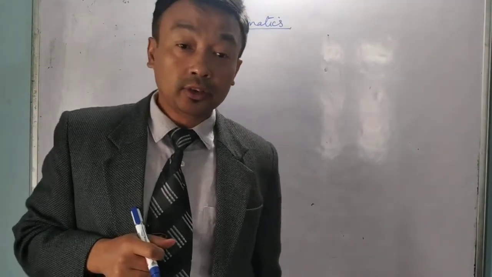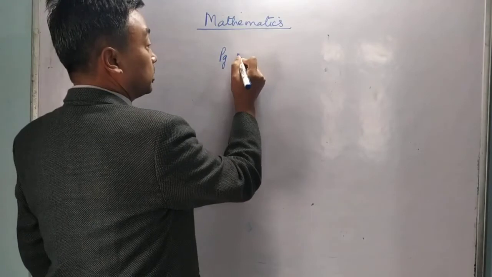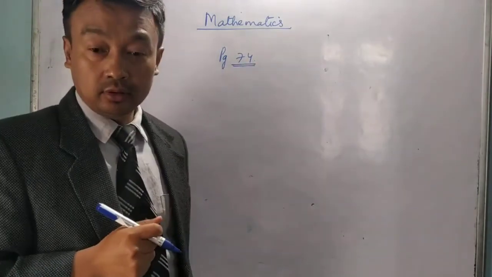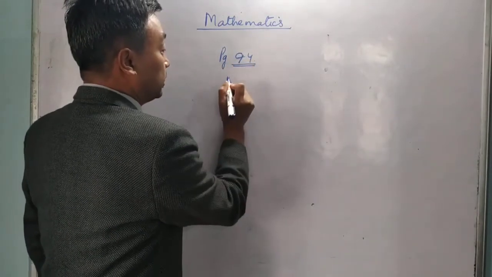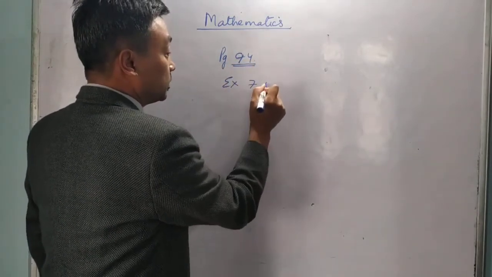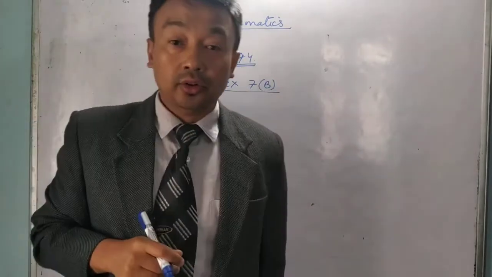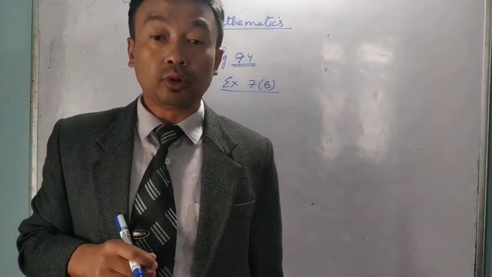It is on page number 94 of your textbook, Selina. And let us take exercise 7B. There you have the first question. Find the fourth proportion.